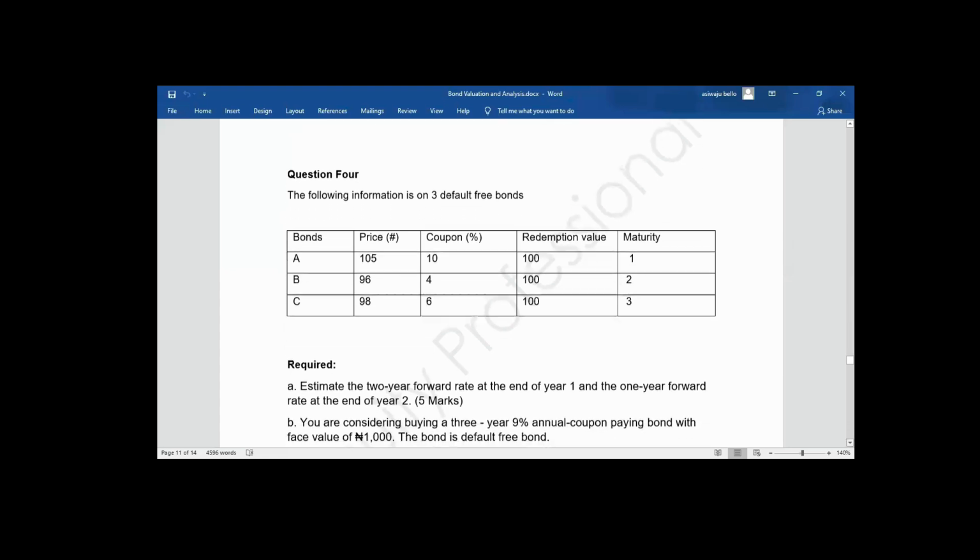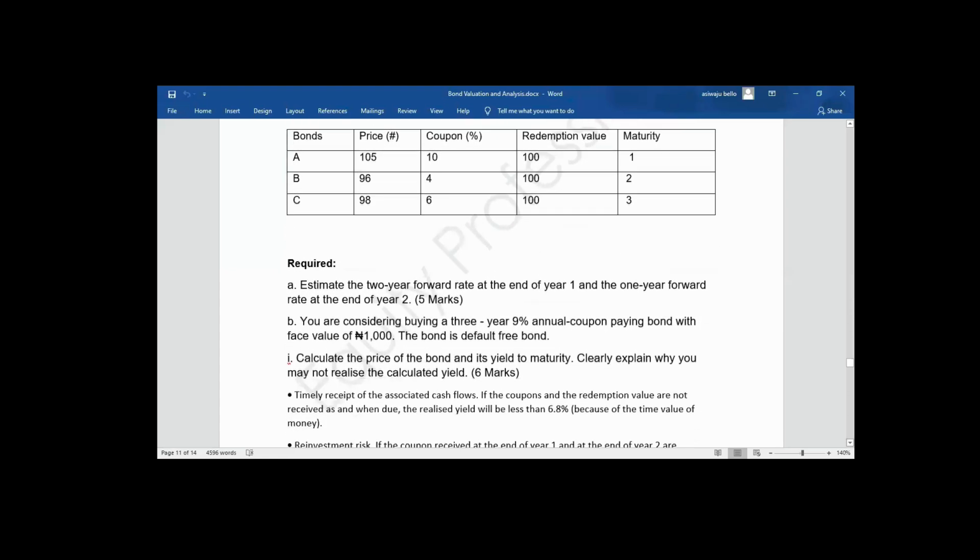Requirement 1 says, estimate the 2-year forward rate at the end of year 1 and the 1-year forward rate at the end of year 2. Let's go to this. We need to explain this. 2-year forward rate at the end of year one. Please listen to this, please. We want to translate this to formula now.